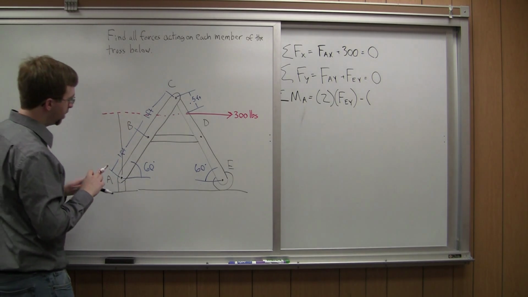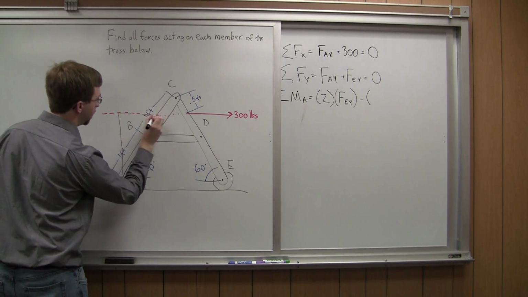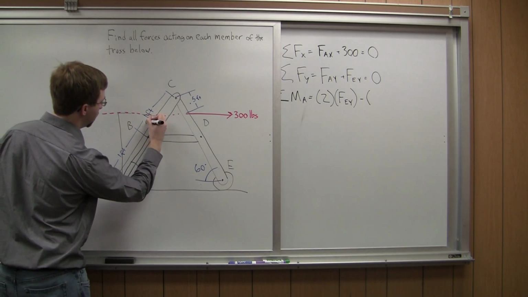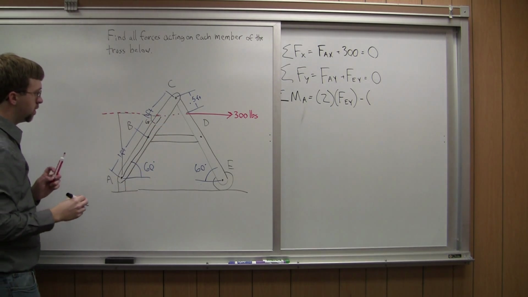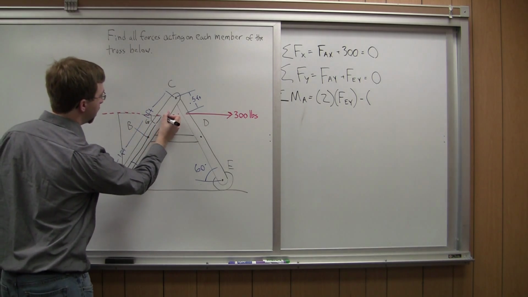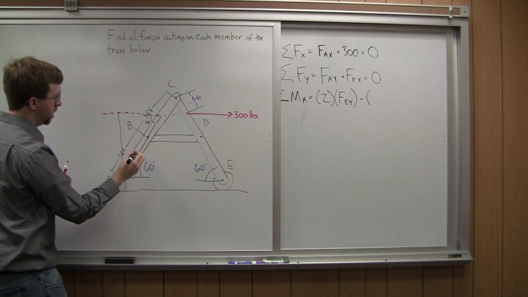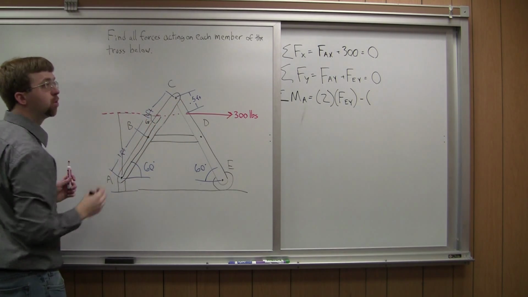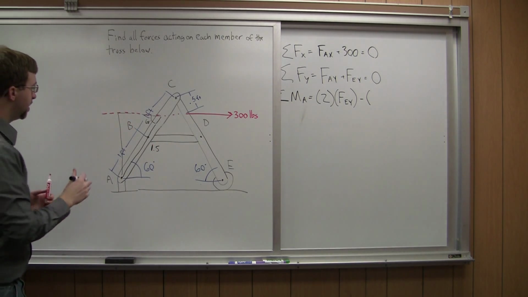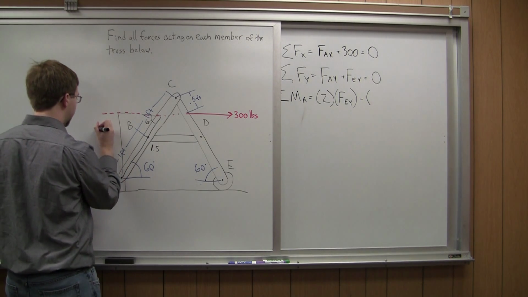If I look at this, I can see a right triangle right here. This is going to be 60 degrees, like so. And this distance right here, well, I had 2 feet originally, and I take off 0.5 feet, so this distance would be 1.5 feet. My distance over here is going to end up being 1.5 sine 60.